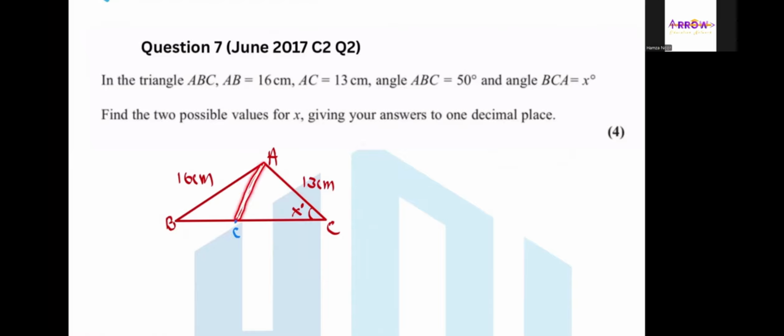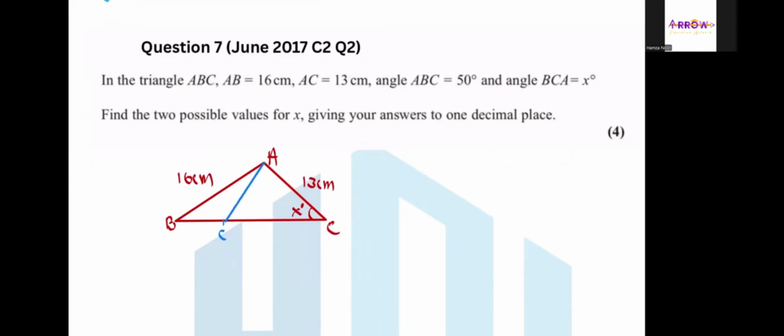It would look just like an isosceles triangle. Let me move this point C over here, so that you can see that the length AC is the same, 13 centimeters, and here you have an isosceles triangle, meaning these are the two possible positions of point C.